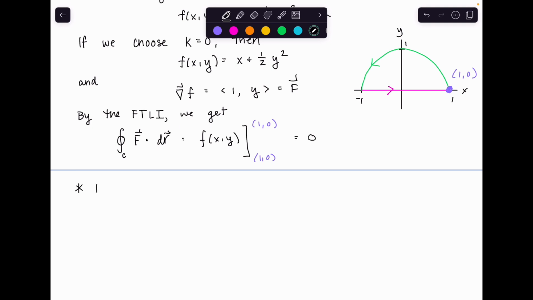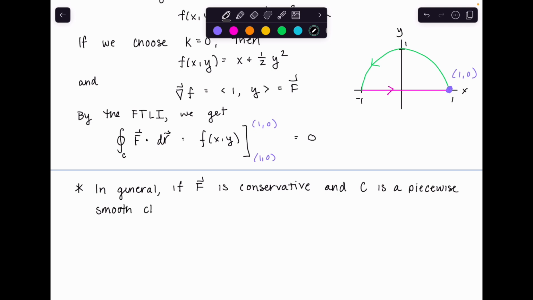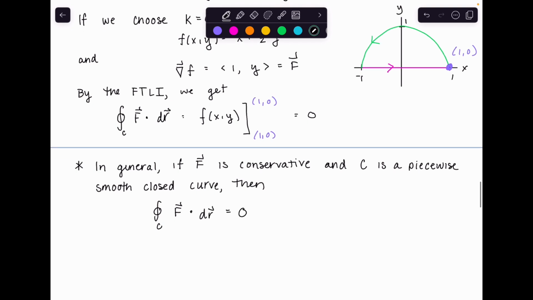Okay. So in general, if f is conservative, and C is a piecewise smooth closed curve, then the line integral over that closed curve C of f dot dr is always going to equal 0, since the initial and terminal point are the same.